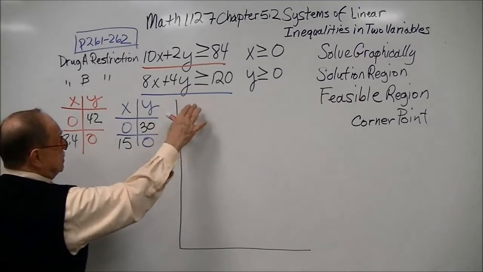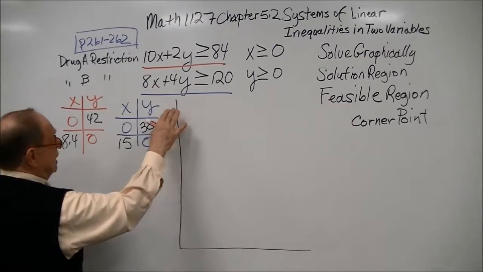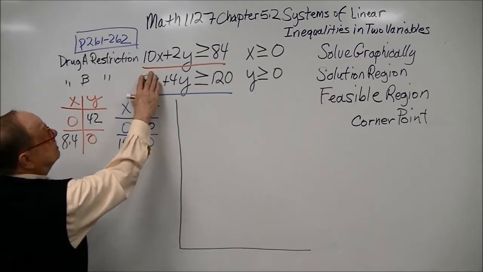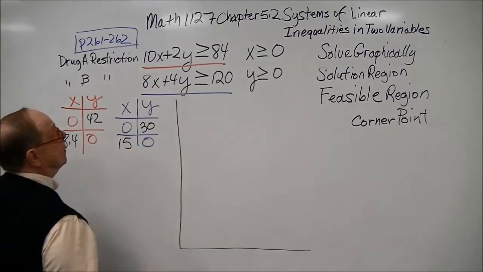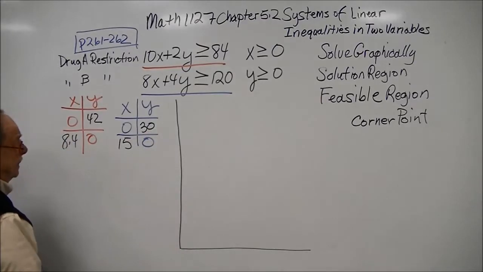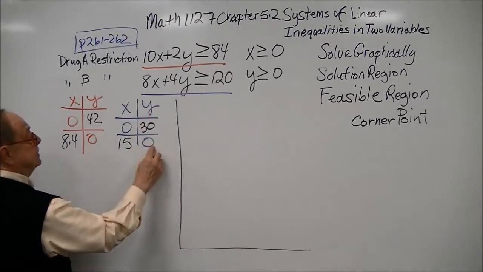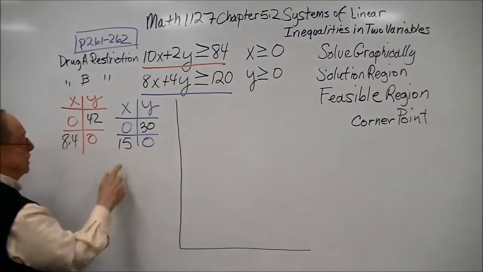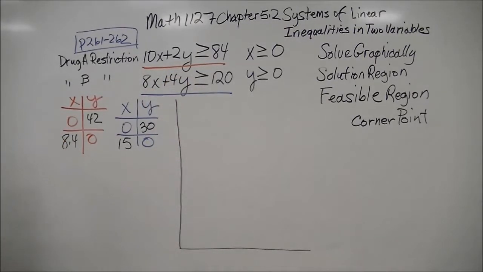Our second inequality is in blue. So if X is 0, we divide both sides by 4, and we get Y is 30. And if Y is 0, we divide both sides by 8 and we get 15.